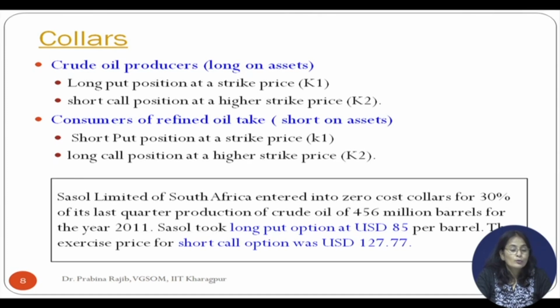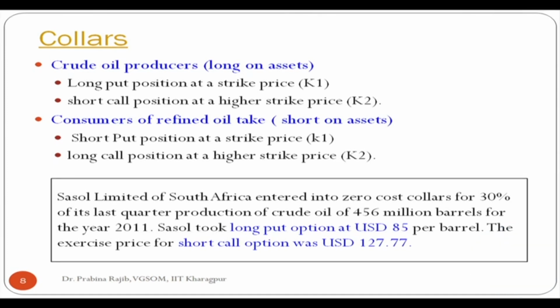Sasol took a long put option at US dollar 85 per barrel, and simultaneously also took a short call option at an exercise price of 127.77. When we use the word zero cost, it means the call premium and put premium are equal. So the company did not pay any long put premium and also did not receive any short call premium. Now how is the payoff going to look like?